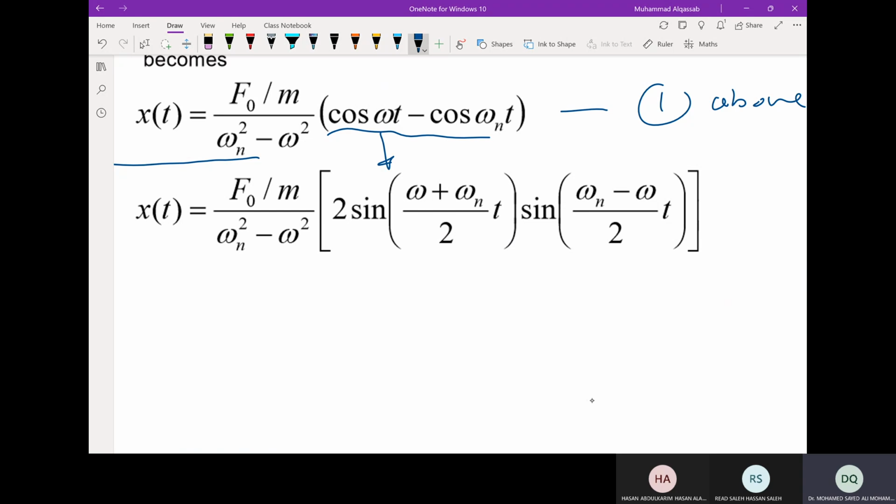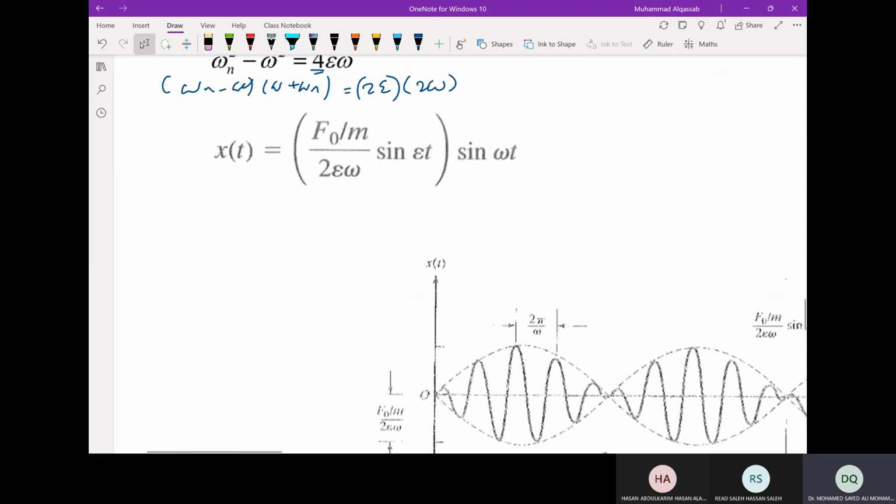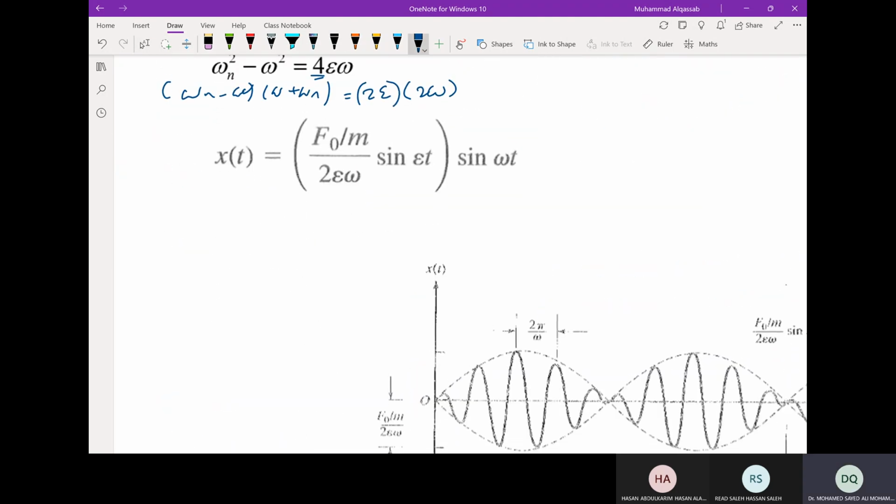Sine of (omega plus omega n) over 2 is sine omega t, and sine of (omega n minus omega) over 2 times t becomes sine epsilon t. So this becomes f naught over m over 2 epsilon omega, sine epsilon t, sine omega t.